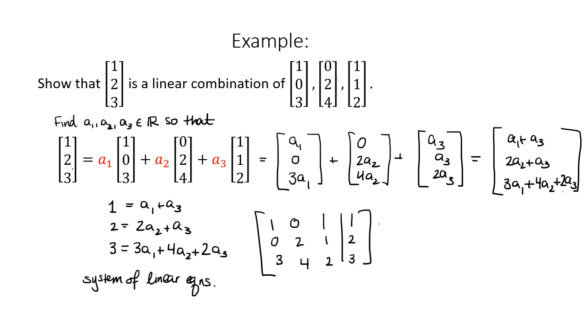Notice these columns are the vectors. So we've taken the three vectors, that is the set we're drawing linear combinations from, and we're augmenting with the vector that we want to show is a linear combination of those three.